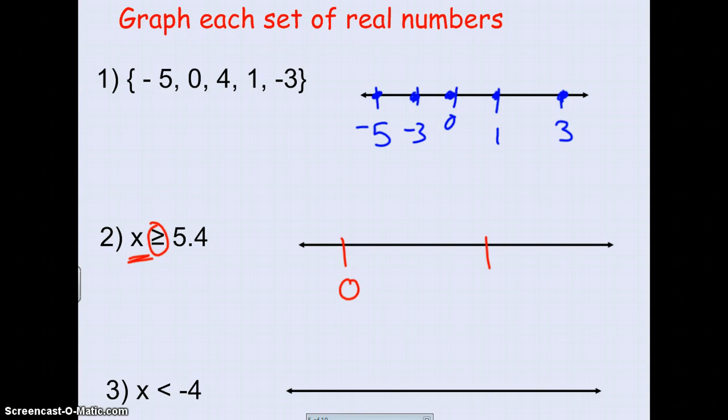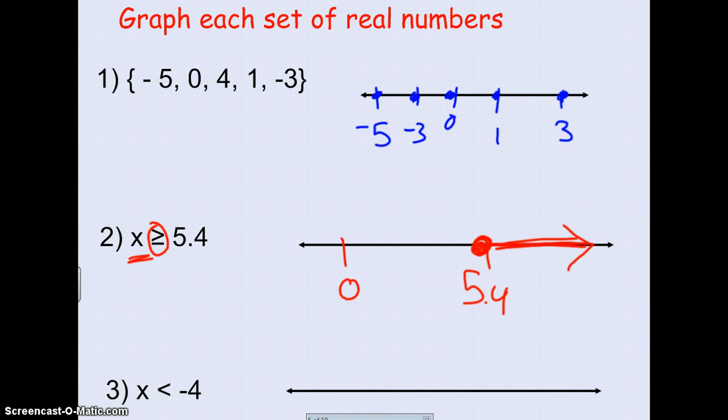We go 0, 5.4. Because it's a greater than or equal to sign, my circle is closed. We know that x is anything larger, so on the right of the number line, where numbers increase, our arrow needs to go to the right.